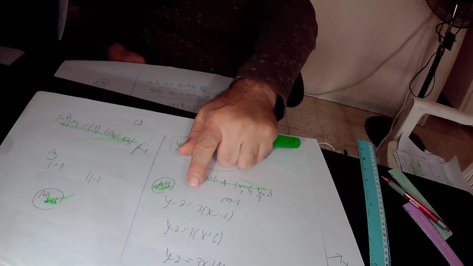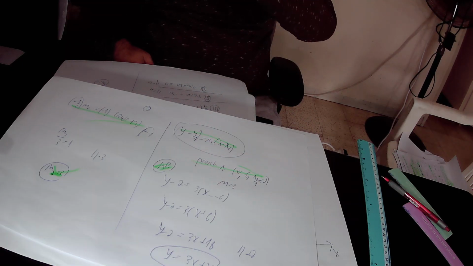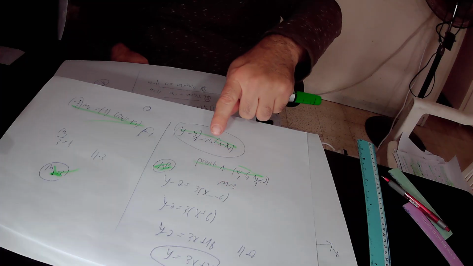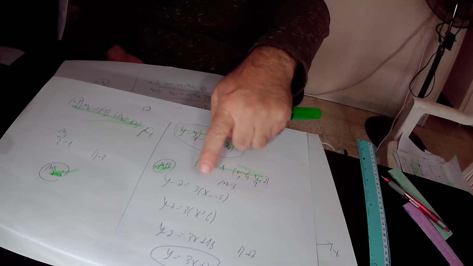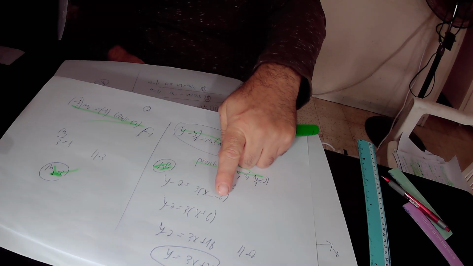So in total, y minus 2 equals 3 times x minus 6. X minus minus 6 is x plus 6. So y minus 2 equals 3 times x plus 6.